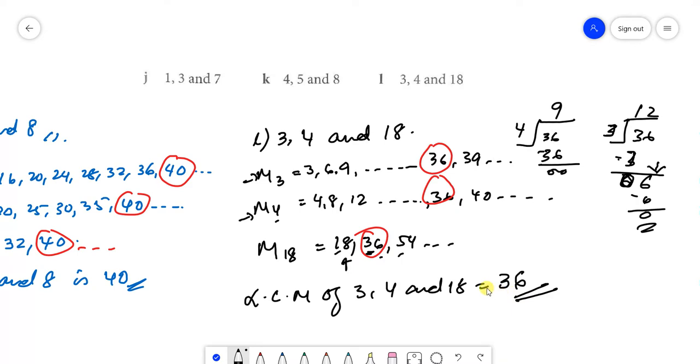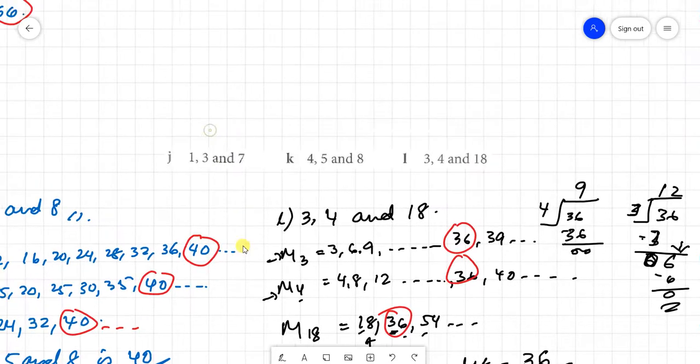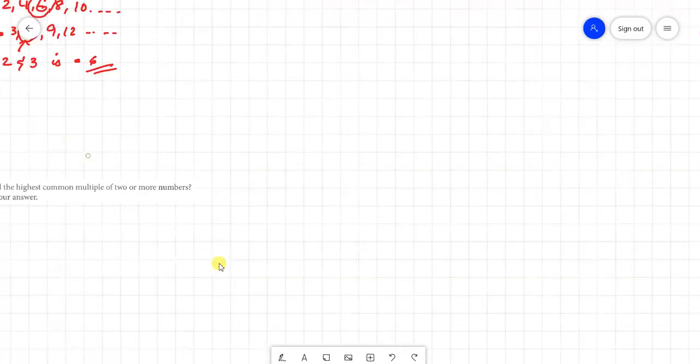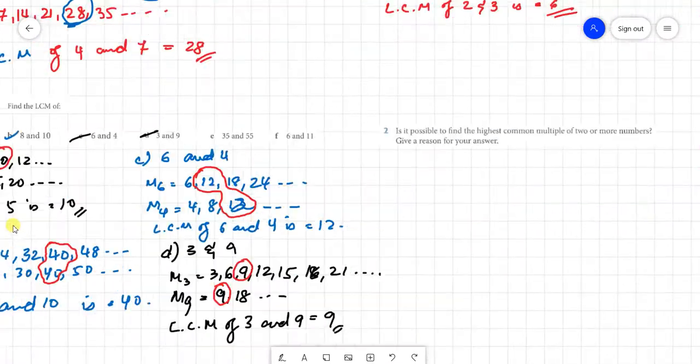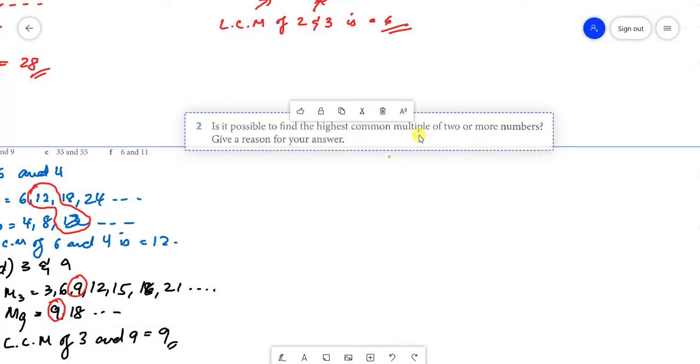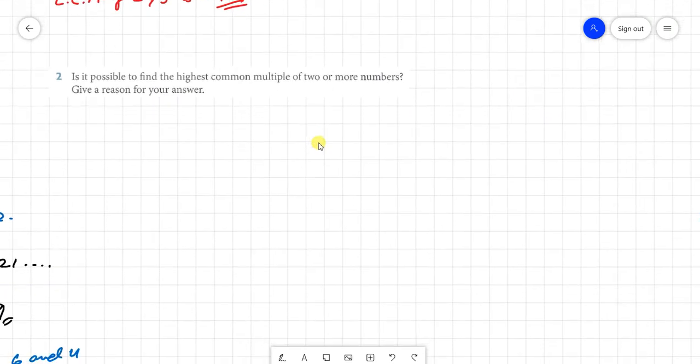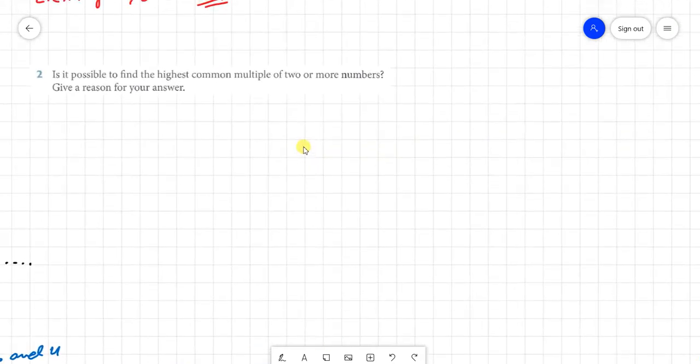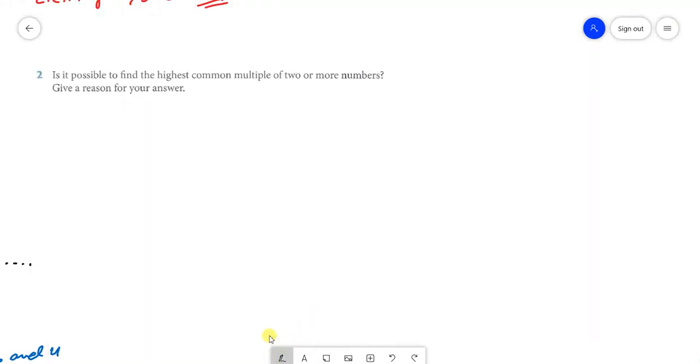So we are done with the first question of exercise 1.4. We have another question that is a challenging, understanding-concept question. It says, is it possible to find the highest common multiple of two or more numbers?